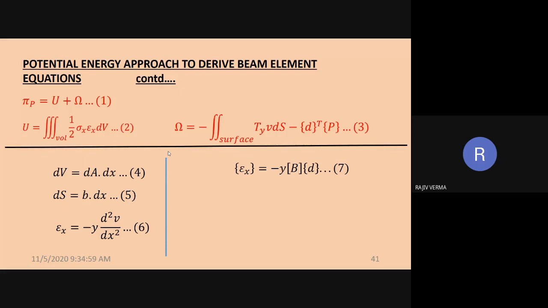and in the matrix form we have equation number 7, in which the B matrix basically represents the differentials of the shape functions to give you a strain.